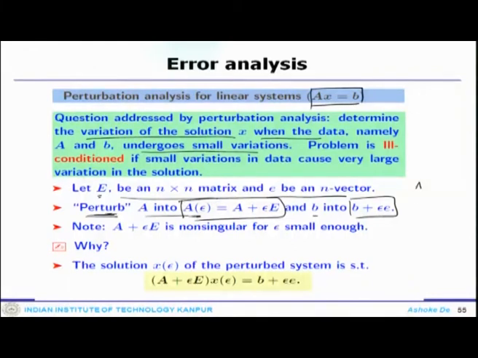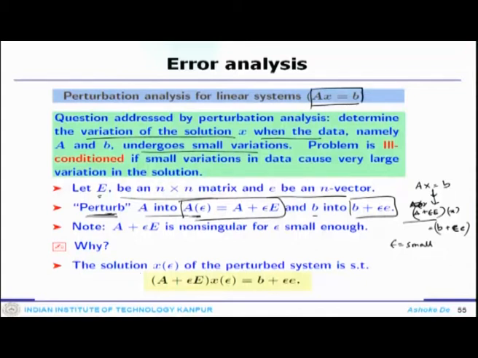So, I am perturbing my Ax equals b to (A plus epsilon E) x equals b plus epsilon e. This is the perturbed system that we are looking at, and obviously this is going to be non-singular for small enough epsilon. Epsilon is a very small number.